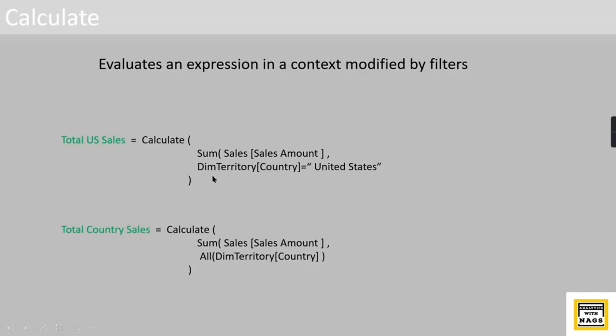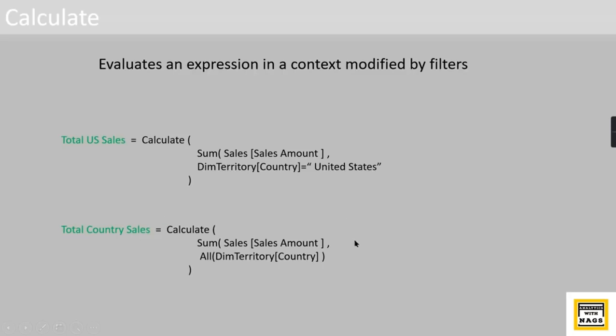Say for example, in the country you applied some filters, right? Say Europe, or some other country, Australia. That will ignore whatever filters are applied, and this will calculate only for the United States, irrespective of whatever filters you applied in your page or external slicers. That will be ignored and it does the calculation.